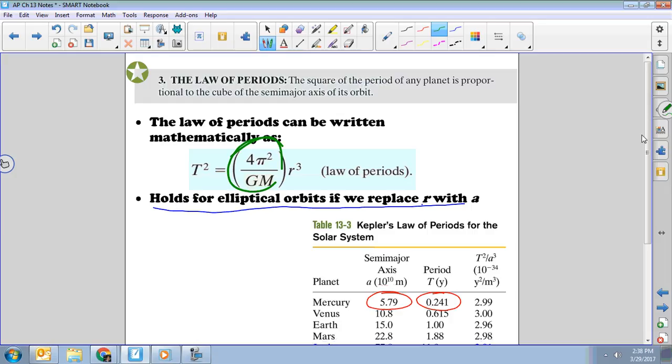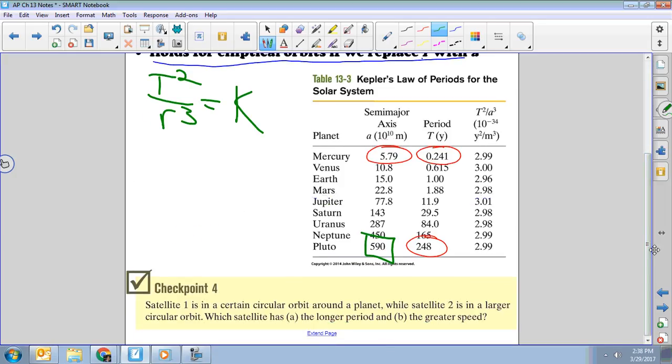That means that if I take T squared over r cubed for either planet, I ought to get a constant value, right? It happens to be this value, but who cares? It's constant. I guess I could have flipped it, right? Do you guys agree that I can flip it over and it still gives me a constant? A different constant, but a constant nonetheless.